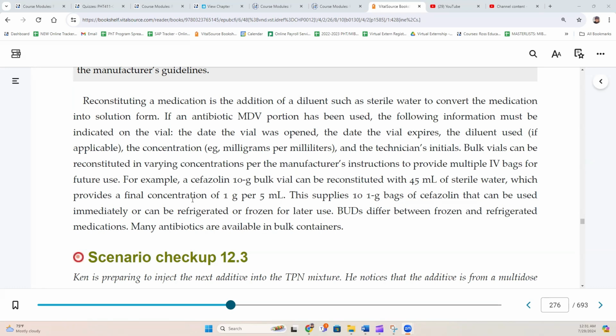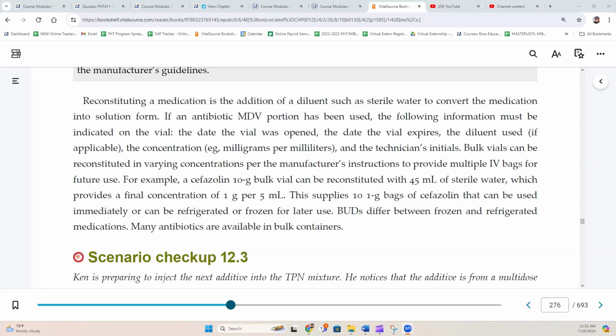Bulk vials can be reconstituted in varying concentrations per the manufacturer's instructions to provide multiple IV bags for future use. For example, a cefazolin 10-gram bulk vial can be reconstituted with 45 mL of sterile water, which provides a final concentration of 1 gram per 5 mL.